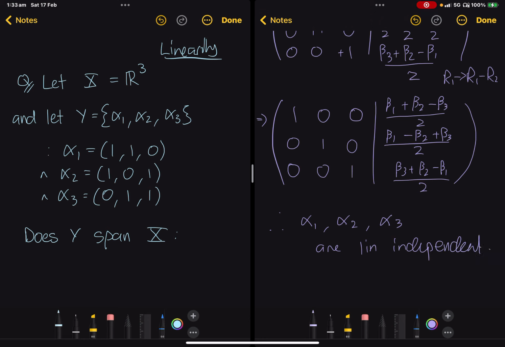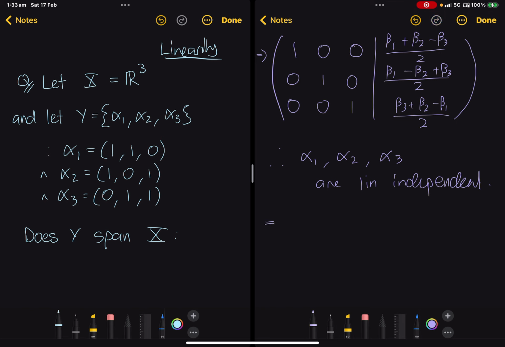Now this is an important result, because if we get to this step and get a proper reduction, this implies that the span of Y is equal to R3. Because they're linearly independent, there are three of them in three dimensions, they get everywhere in R3.